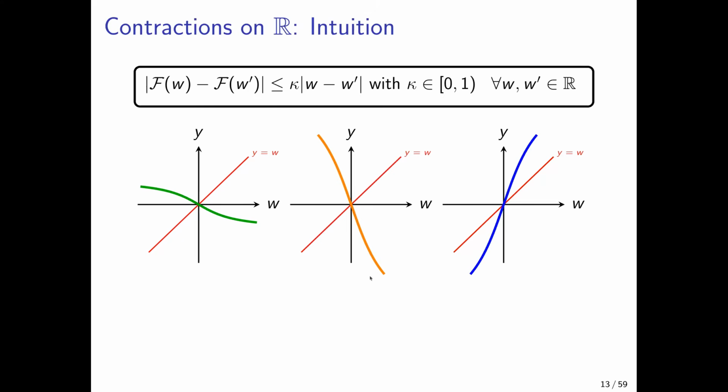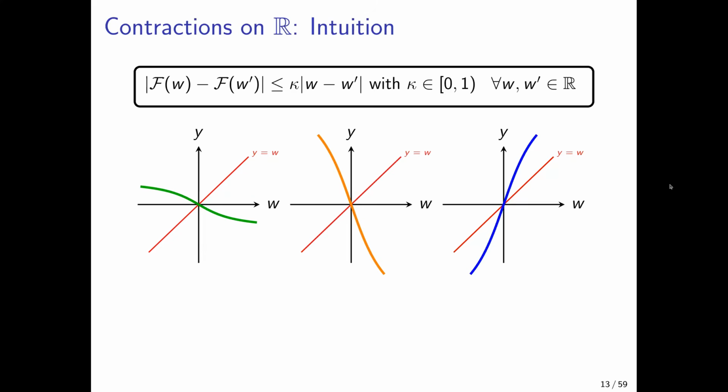So let's try to get some intuition for contractions. What are contractions? Let's start in a simple case, just looking at contractions on R, in the one-dimensional case. So once again, we are repeating here this condition of a contraction. And then we have three different examples, three graphs: a green one, orange, blue. If you like, you can pause the video for a moment and think about it.